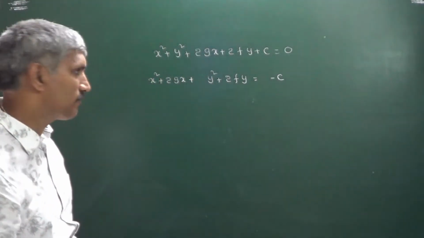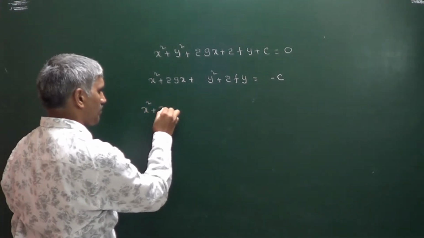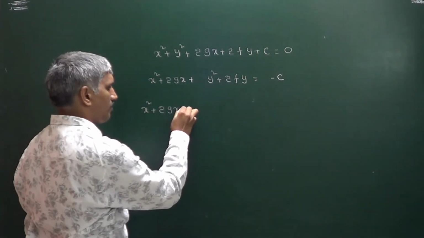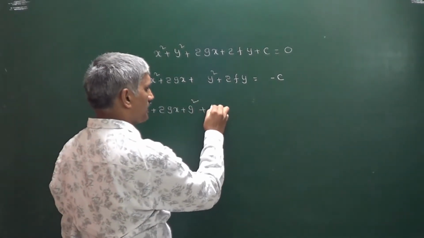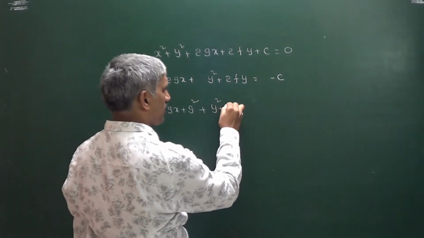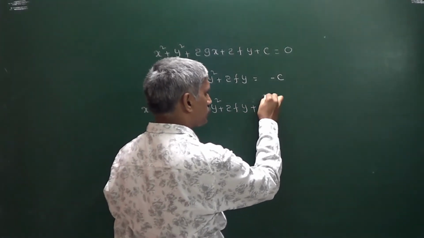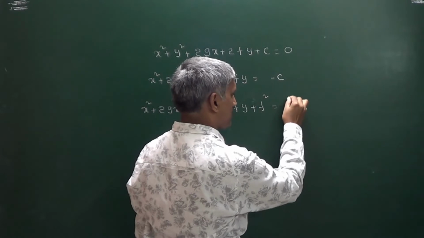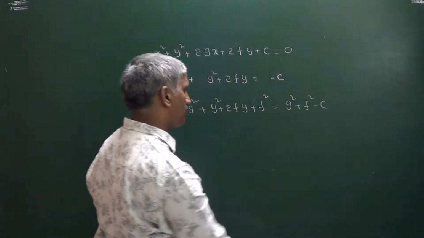I hope everyone follows. Next, observe here: I am adding g square to x square plus 2gx, and f square to y square plus 2fy. So add the same terms on the right hand side also: g square plus f square minus c.